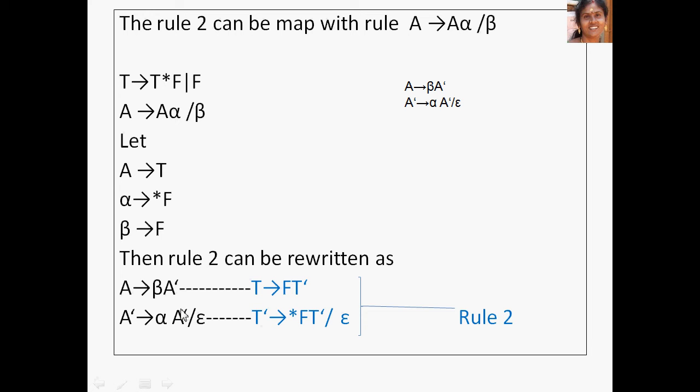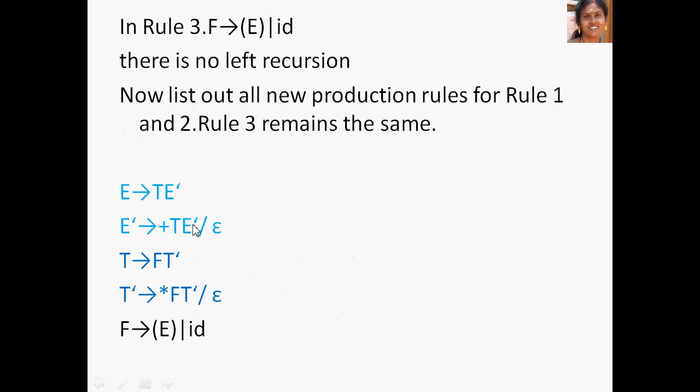And next, A dash: you put T dash, or you can replace this T dash with the empty symbol, epsilon. Okay. So the second production rule is replaced with these two rules, the T rule and then the T dash rule. And finally we are checking the third one.